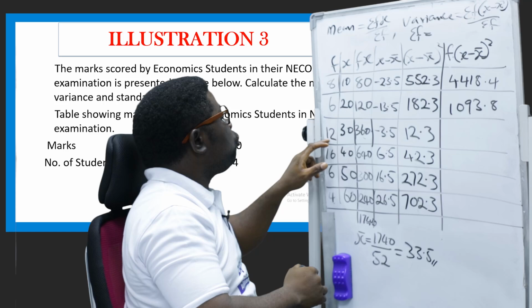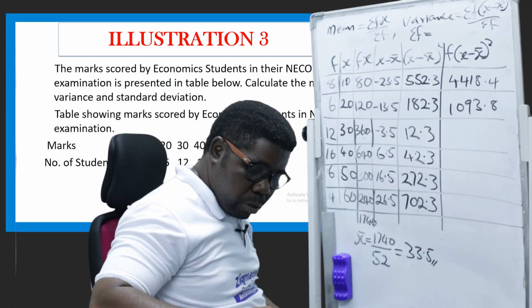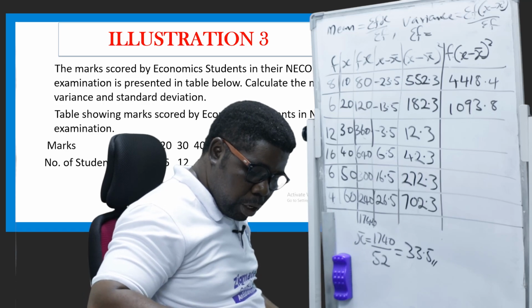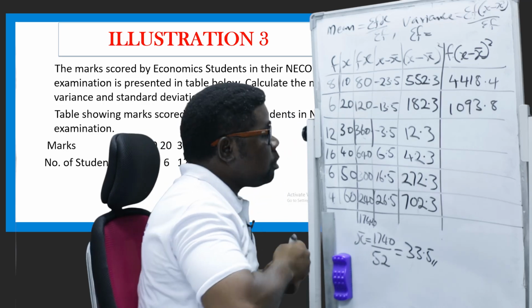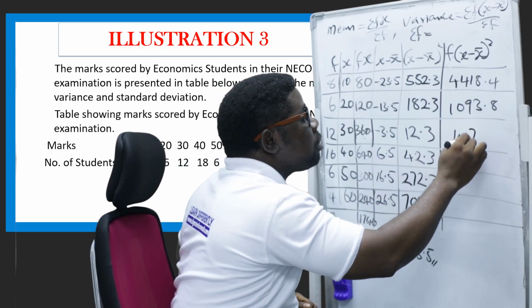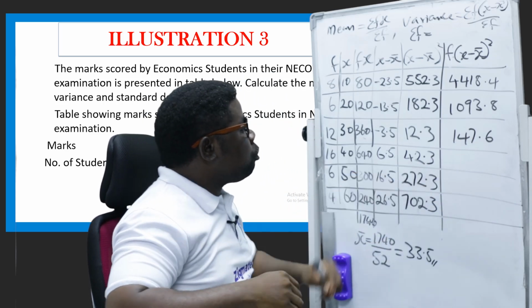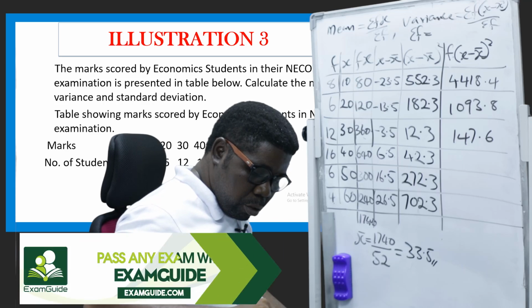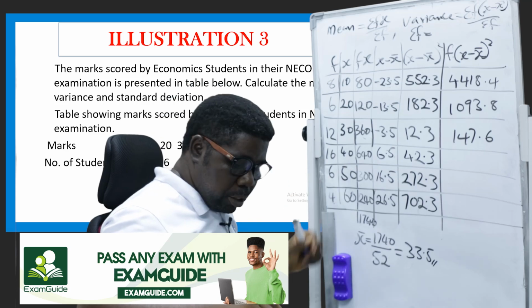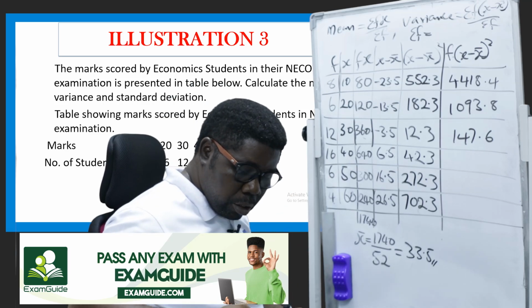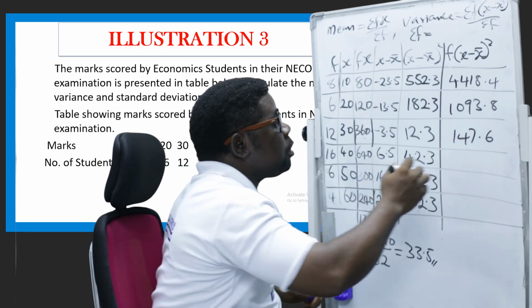Then we multiply 12 by 12.3. What do we have? 147.6. Multiply 42.3 by 16. What do we have? 676.8.